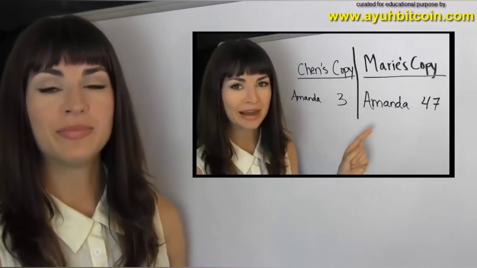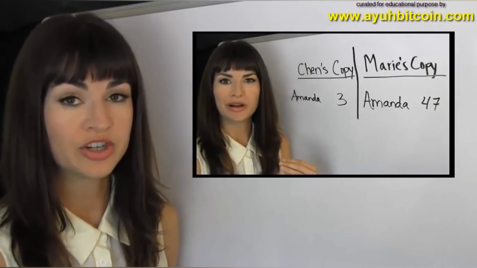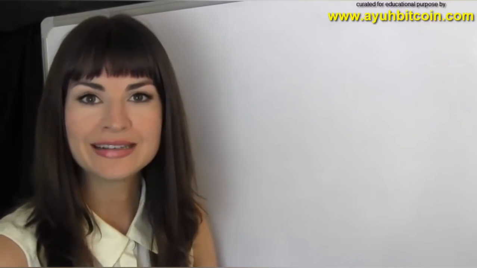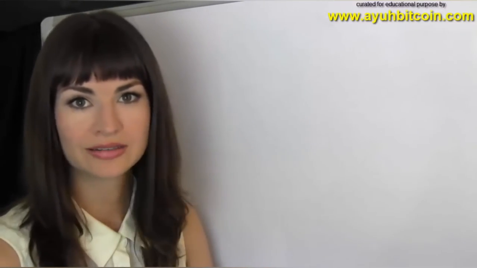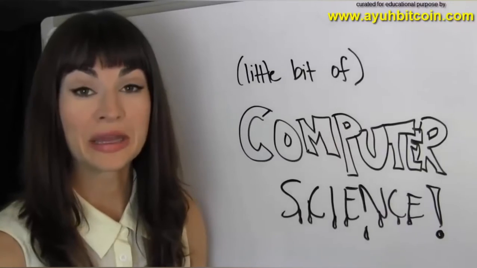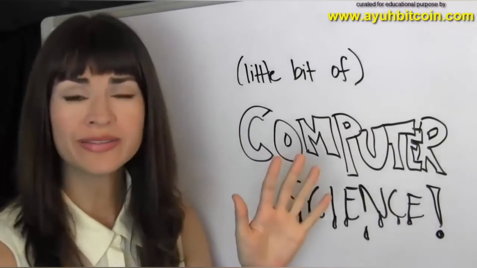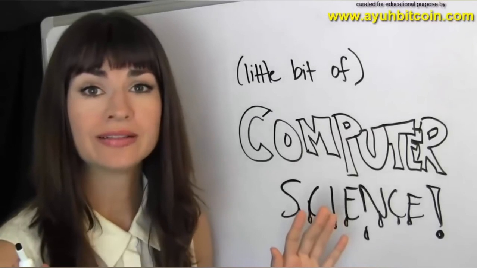So, back to our example of Chen and Marie having conflicting copies of the blockchain. A big no-no, useless for everybody. How do we prevent that from happening and keep consensus about who owns what? I'm going to talk a little bit of computer science to you right now, but don't even worry, it's not a big deal.